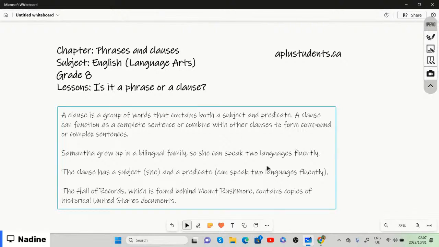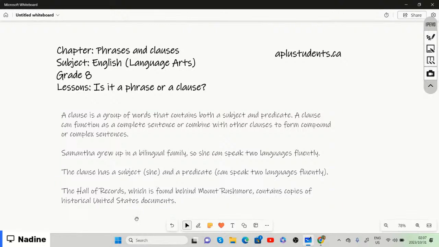So a clause is a group of words that contains both a subject and a predicate. So it has both a subject and a verb.